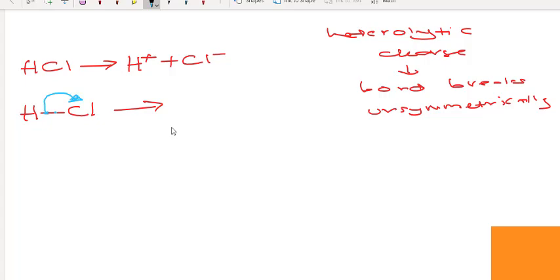Between H and Cl, Cl is more electronegative, so it has a higher tendency to attract electrons towards it. You can see the difference between the arrow in heterolytic and homolytic cleavage. We draw a double-headed arrow, which means two electrons are transferred.